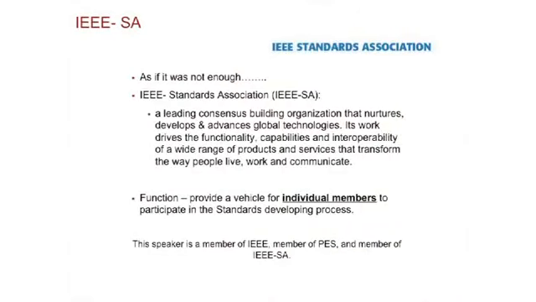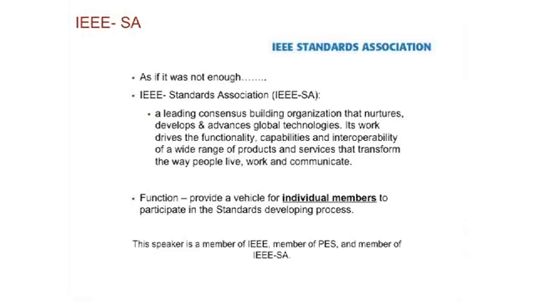Another acronym, IEEE SA, another way of making money for IEEE, jokingly said. But if you are a member of IEEE, you are not necessarily entitled to participate in the standard development process. You also have to be a member of IEEE SA on top of this. I forgot exactly how much it costs. You remember it was $35 or $40.